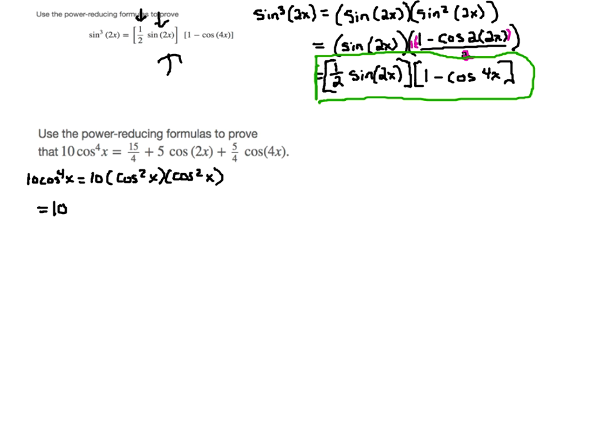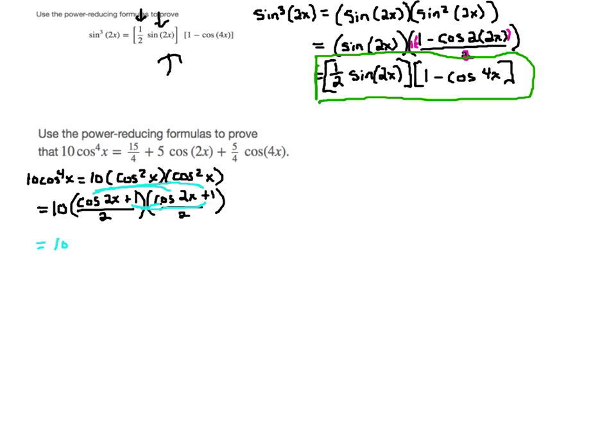So this is the same thing as 10 times cosine 2x plus 1 over 2 times cosine 2x plus 1 over 2. I've got distribution to do in the numerator, so I'm going to multiply here, here, here, and here, and then I'll just multiply my denominator straight across.